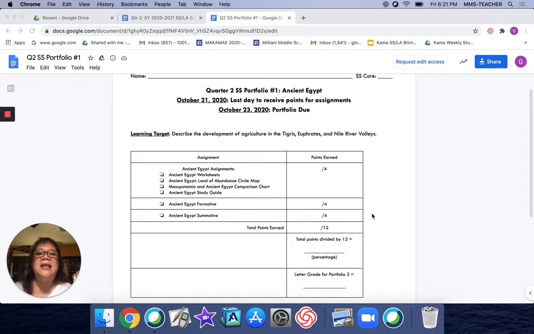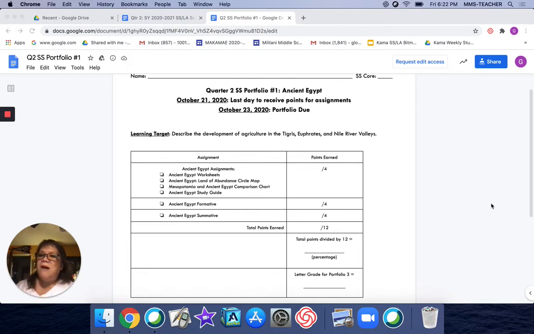Okay, because that's the last day to receive points for assignments. Okay, so these are the 3 categories, and this is your first portfolio for Social Studies on Ancient Egypt that's due on October 21st.